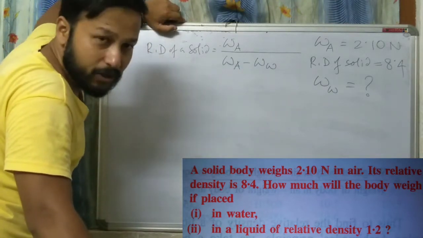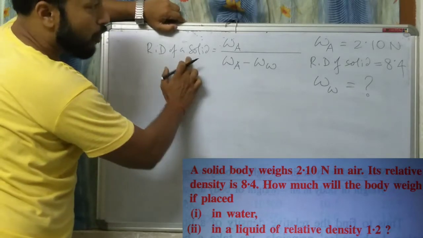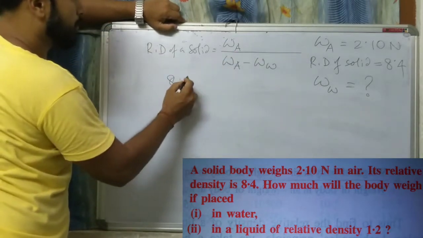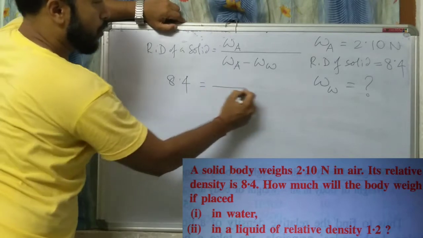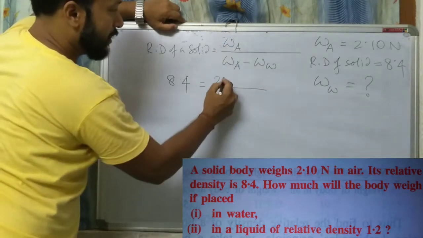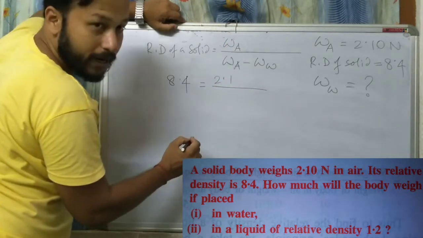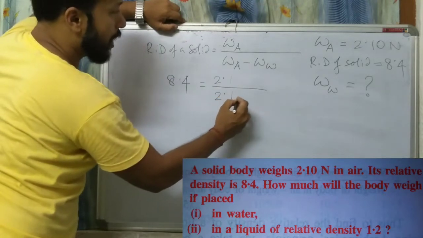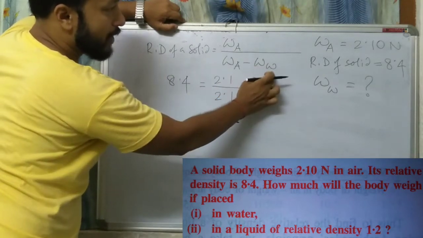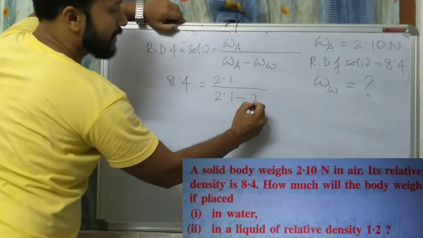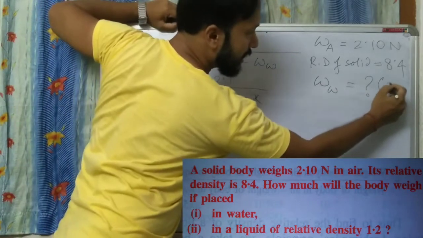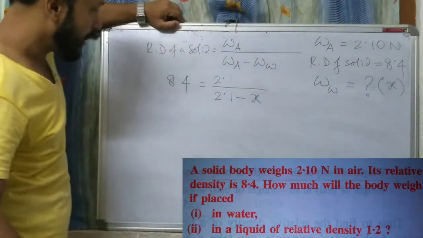Now let us put the values. Relative density of a solid means 8.4. Weight in air is 2.1. Now it is 2.1 minus weight in water, which you have to find. So this is x. We are considering it x.